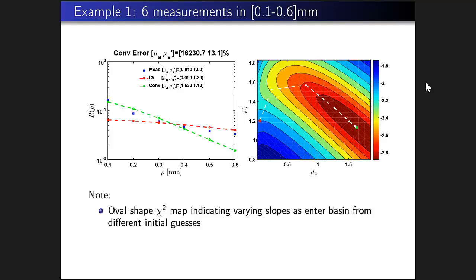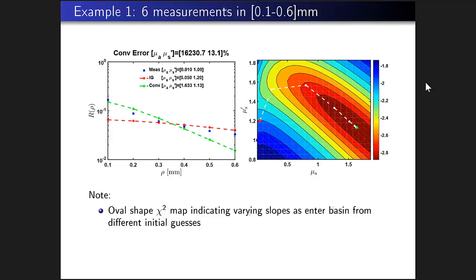It's actually not sitting in this trough. I also want to note that as you enter this trough, there are varying slopes, and those dictate how you enter via different initial guesses.